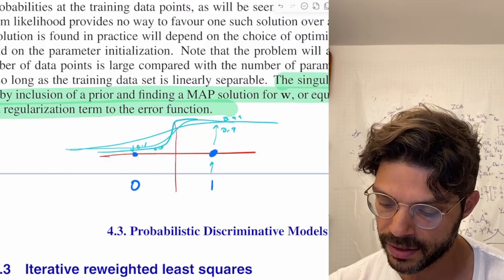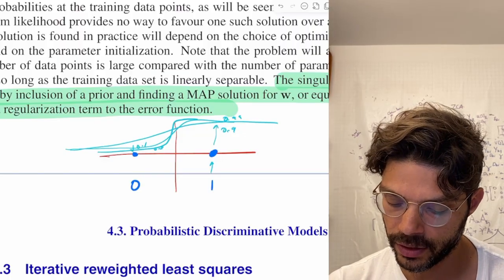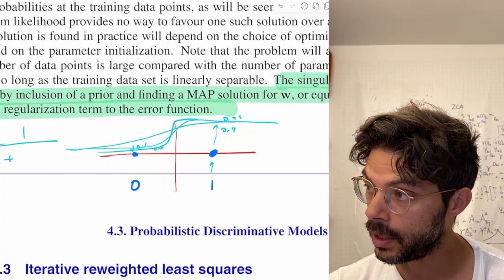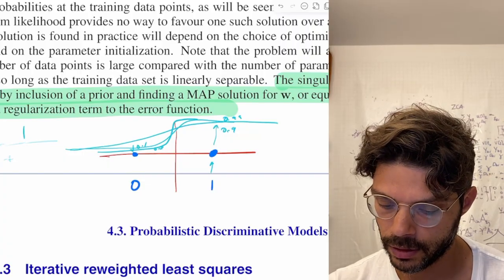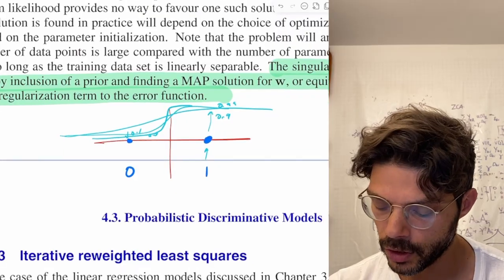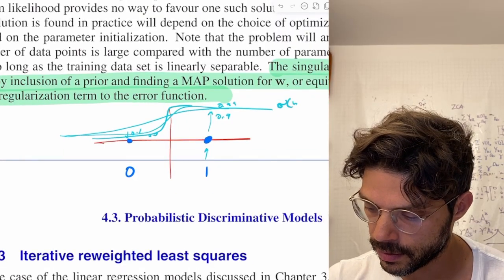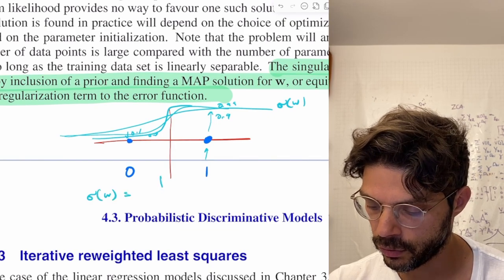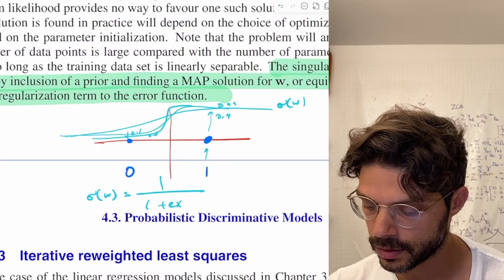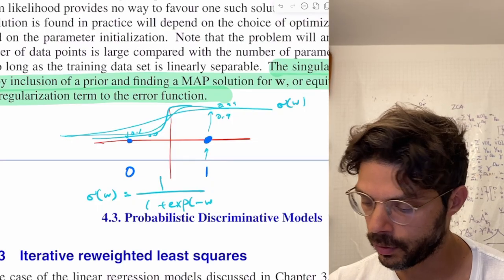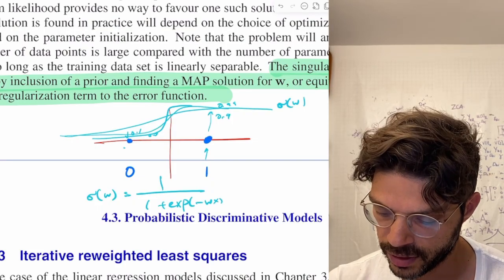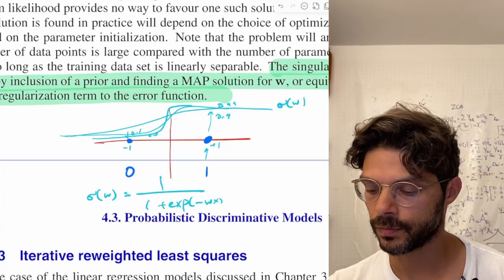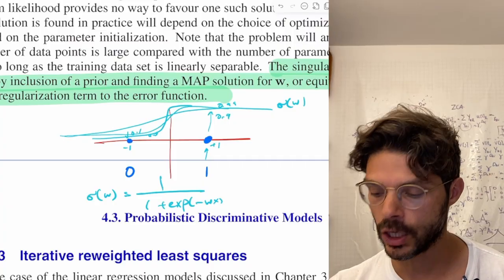And how are we making it steeper? Well, we know the sigmoid of w is going to equal 1 over 1 plus e to the minus w times our data points, which are sitting at -1 and +1. So the way we're doing it is we're just increasing w.